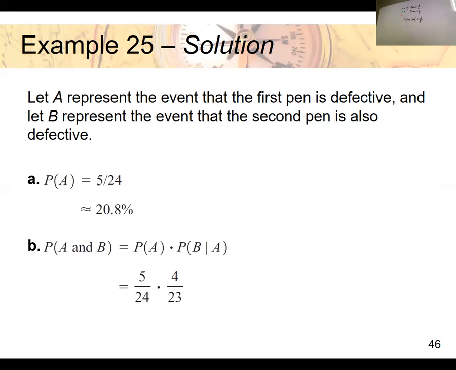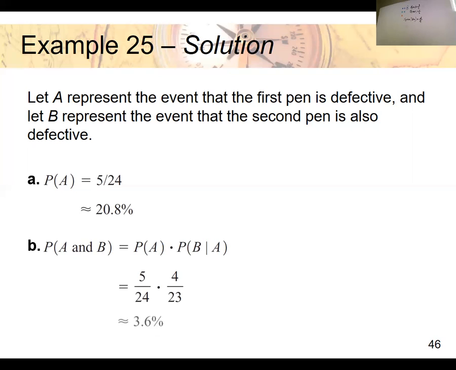Because if 5 out of 24 were defective, that means that 19 out of 24 were not. Okay. Sorry. Yes. Got it. But it would still be 4 out of 23. Because we were trying to find the second, or it'd be 5 out of 23. Yeah. Okay. Mm-hmm. Got it. Okay. Any other questions?